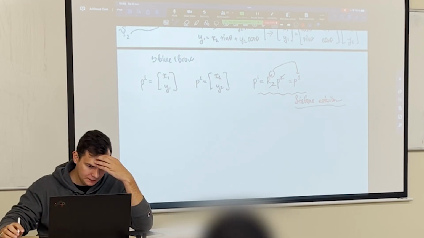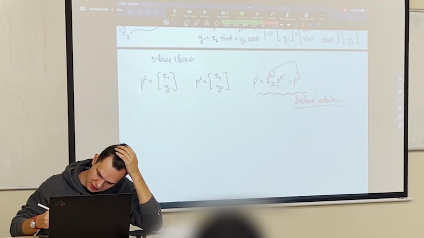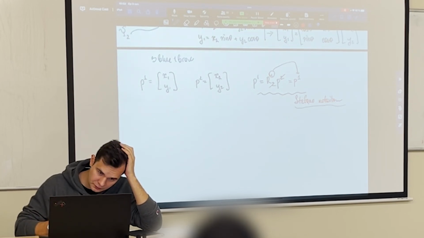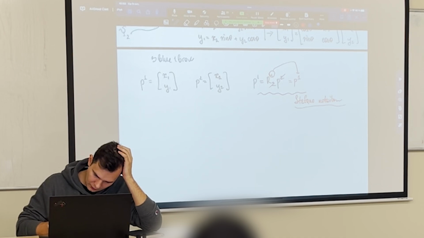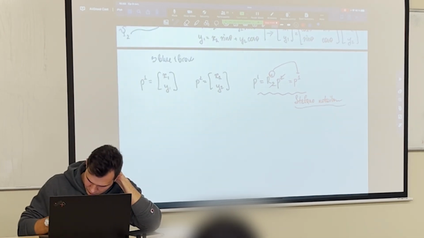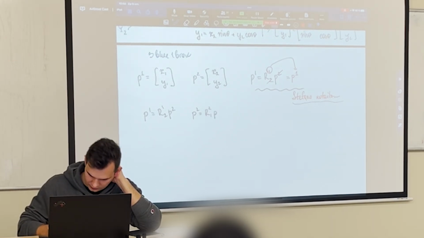Properly speaking, a rotation matrix can be written in a different manner. What I would like to tell is that if P1 equals R12 P2, then P2 will be R21 P1.